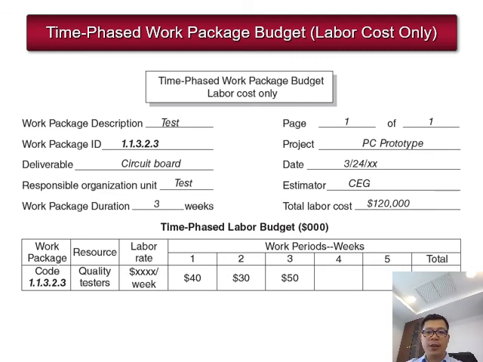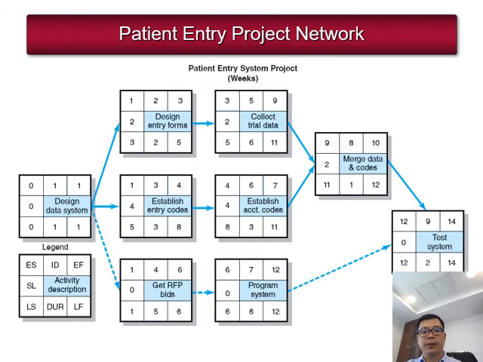We use the money here, duration, and then we create the work period, so we understand very clearly. This is taken from Microsoft Project to let you see it more clearly on the time phase. So this is how we do the work.